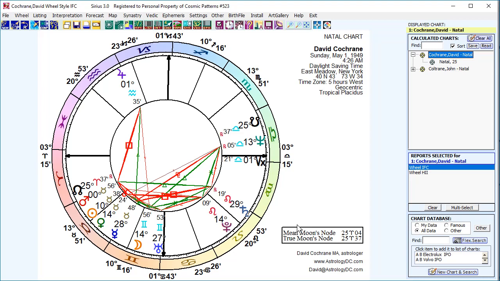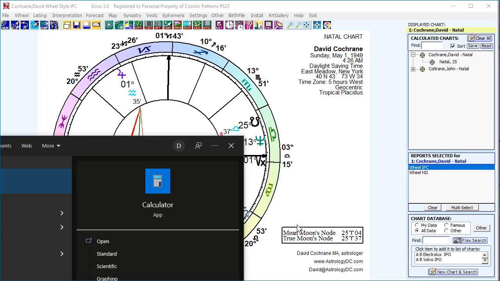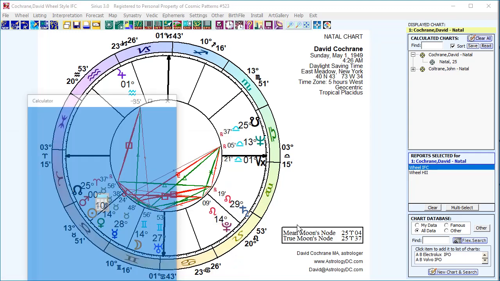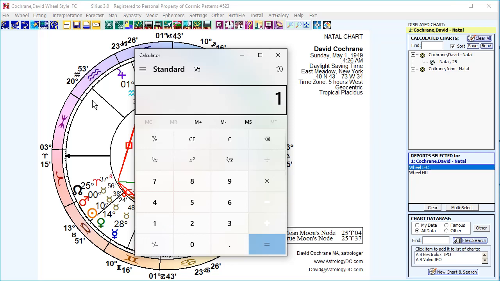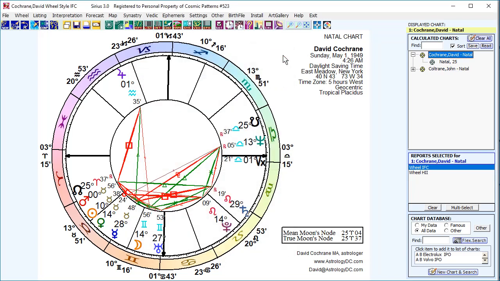Just to understand this a little bit more, in case that's not clear to you, very quickly, if I bring up a calculator, if I type 1/25 times 360, it's 14.4 degrees, which is 14 degrees 24 minutes.